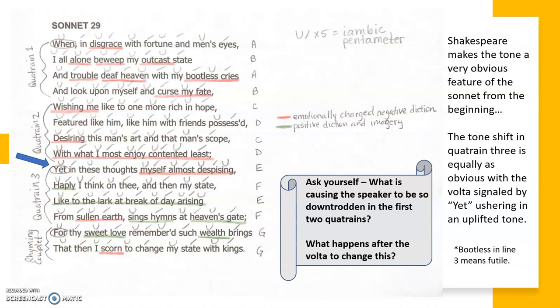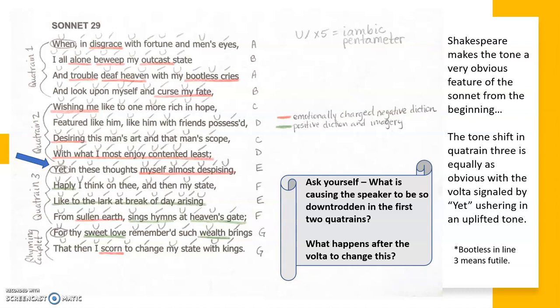Curse my fate, wishing me, as if he's wishing for something that he's lacking. Desiring, with what I most enjoy, contented least. A little bit of antithesis here. I didn't mark it separately as such, but it's a very sullen idea. He is despising himself. That's a really interesting revelation, because despising is a pretty heavy emotion.